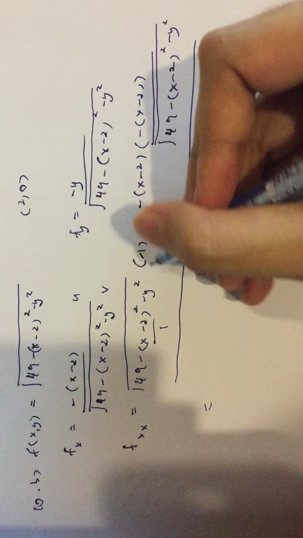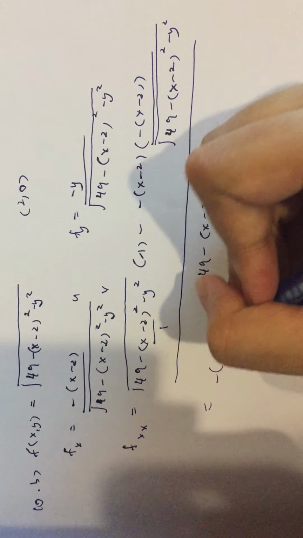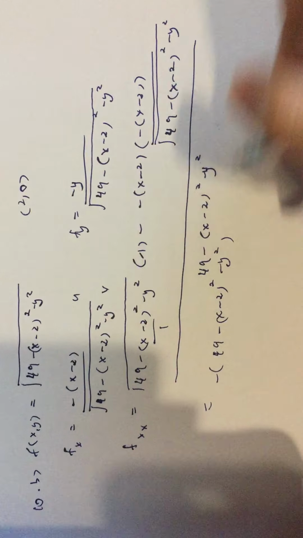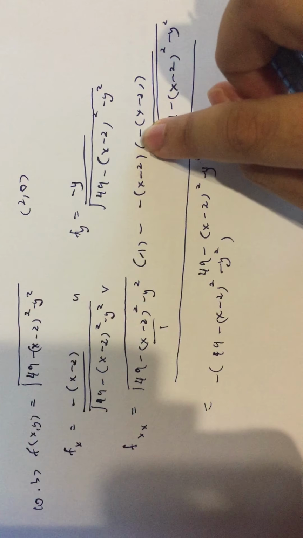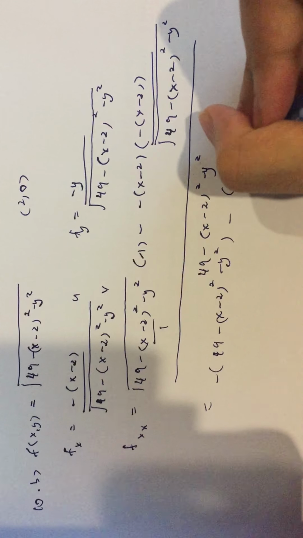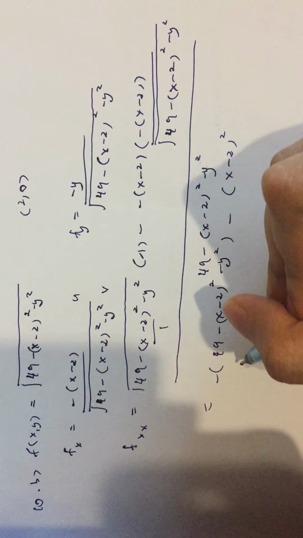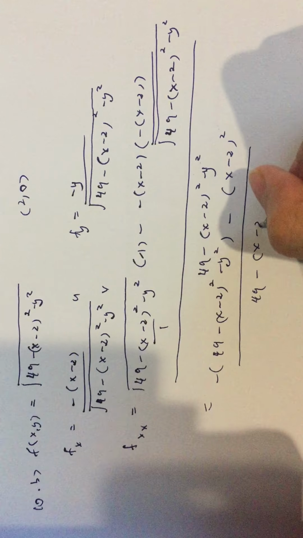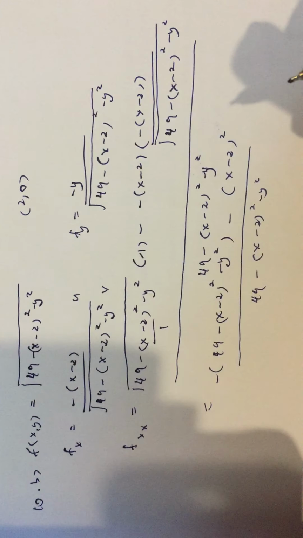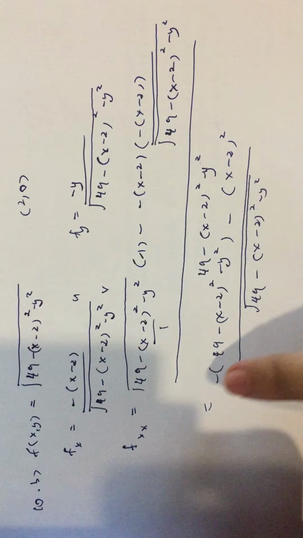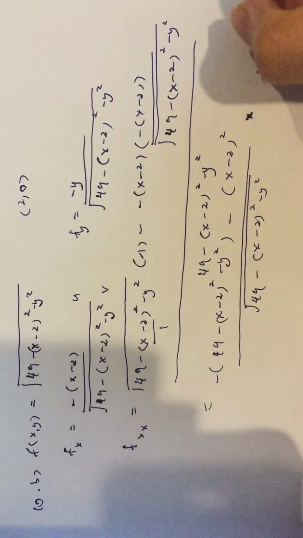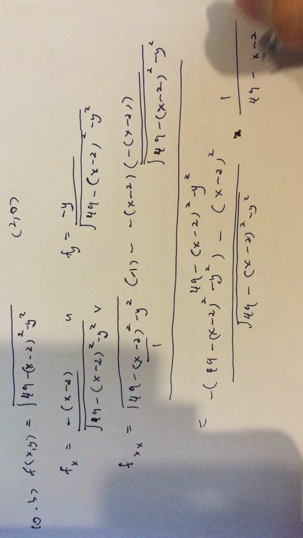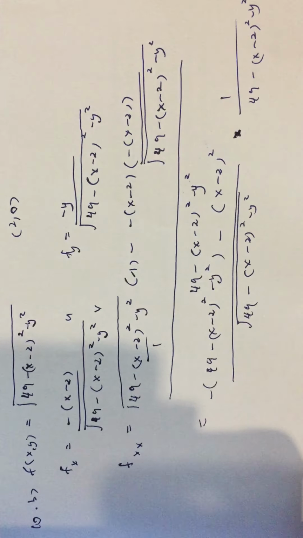So we have minus 1 times 49 minus (x minus 2) squared minus y squared, and then this one is positive, and then with this negative, so we have negative, and then we have (x minus 2) squared, over this square root of 49 minus (x minus 2) squared minus y squared, and then divided by this one, or we can do as multiply by 1 over 49 minus (x minus 2) squared minus y squared.